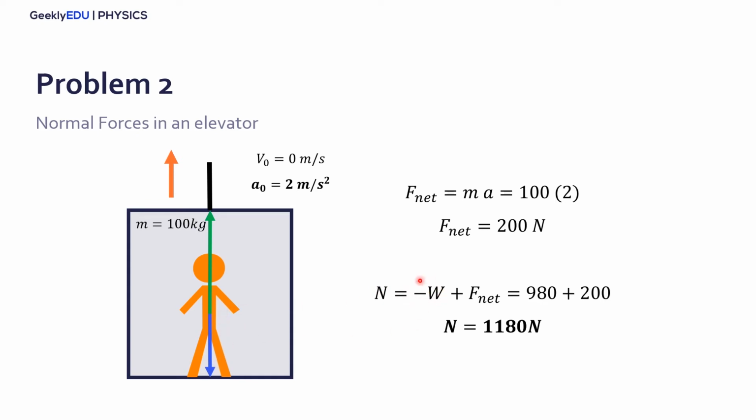We have calculated already, that's 980, plus this extra force here that appeared because of the acceleration of the system. So now the normal force is actually 1,180 newtons: the weight component plus this force here that is resultant from the acceleration of the system.